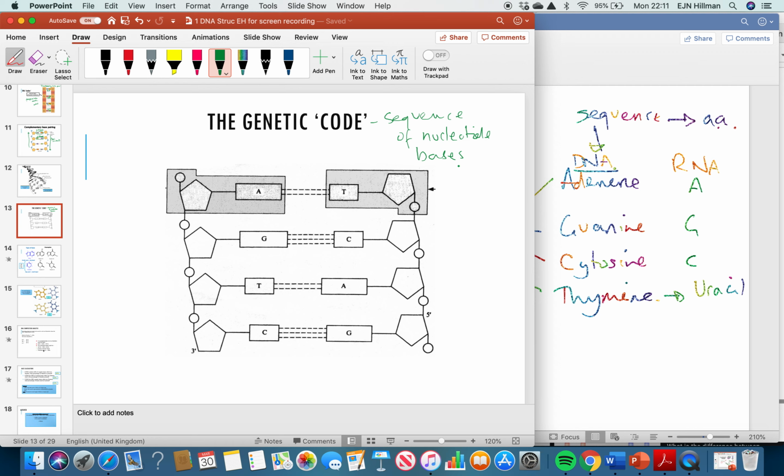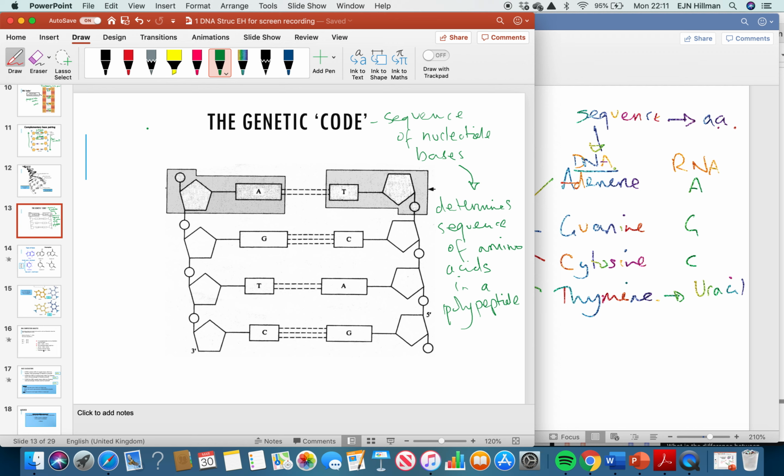And that sequence of nucleotide bases determines the sequence of amino acids in a polypeptide. And that's really important. Okay, so the nitrogenous bases, their sequence determines the sequence of amino acids in a polypeptide.